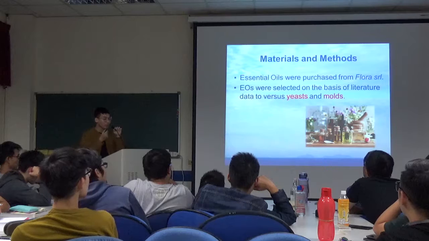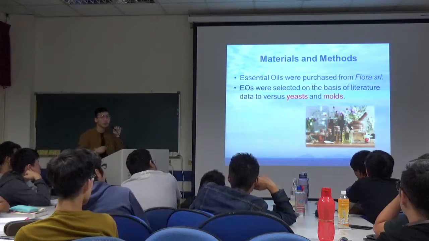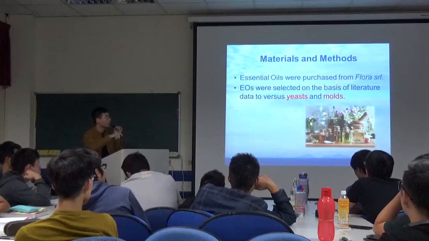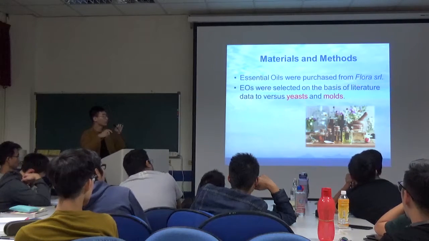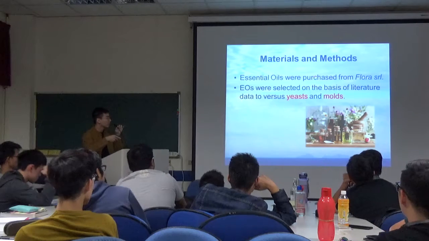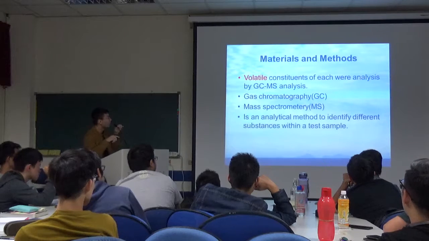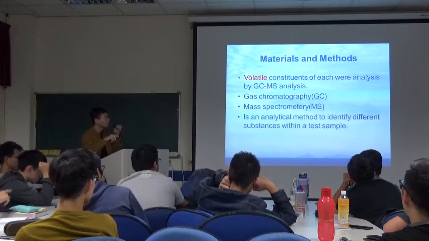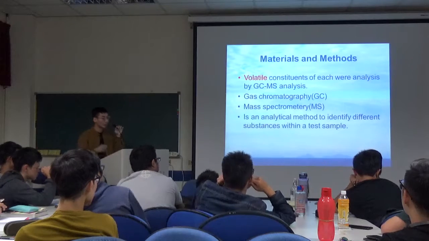And for the antibacterial method, all of the essential oils I mentioned were purchased from the Italian shop. It's called Ferrara shop. I have no idea. And the volatile constituents of each oil were analyzed by GC-MS analysis.